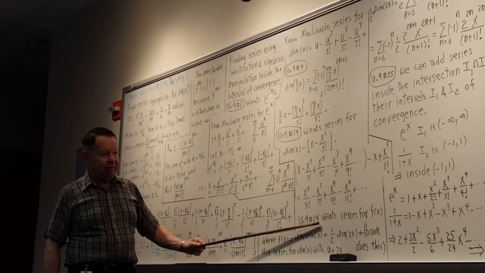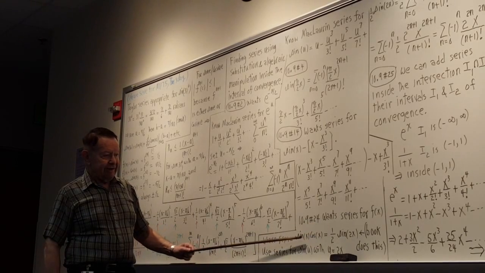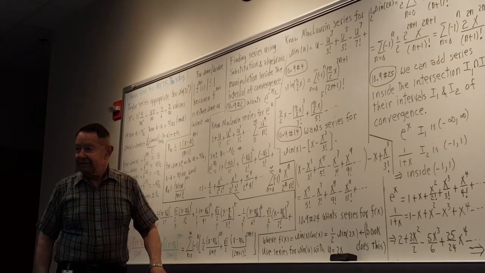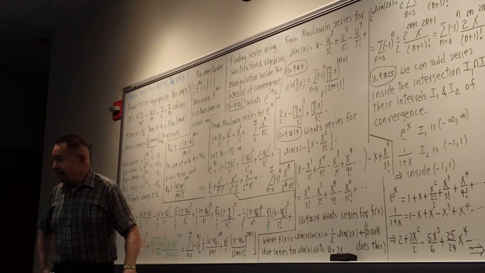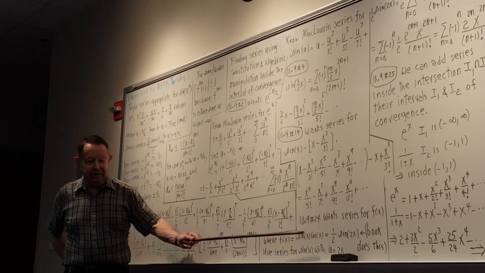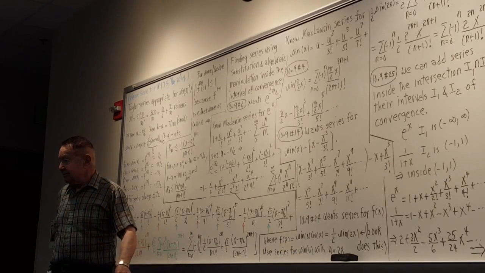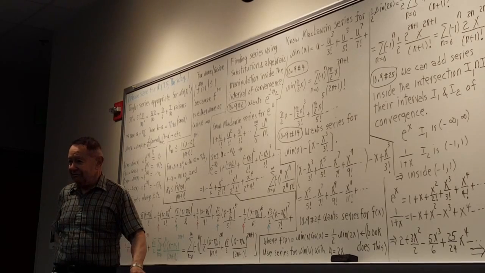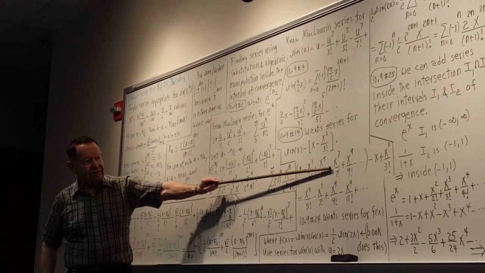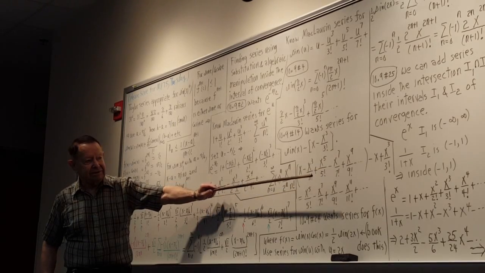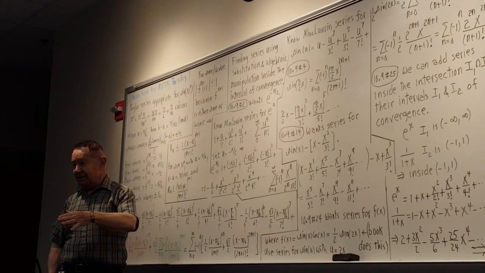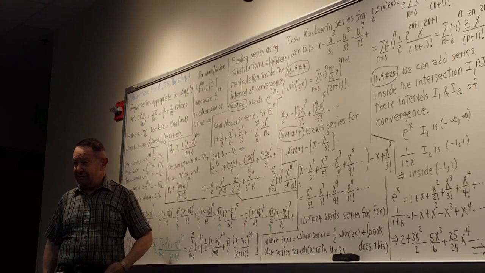Okay, number 24 wants the series for f of x where it's the product, sine cosine. So there are two ways you could go after this. One is to do what we call the product of series, which is part of tomorrow's class, where you'd actually take the first few terms of the sine series and the first few terms of the cosine series and start multiplying them like you'd multiply polynomials.